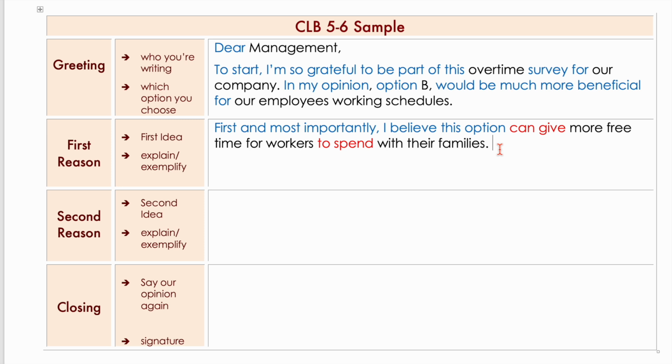Okay, so again, I'm connecting with my structure. Now let's look at my grammar here. It says can give. Okay, so we can say many things there. We can say gives, just this option gives. I'm not going to change it right now, but I'm just letting you know what I'm using.